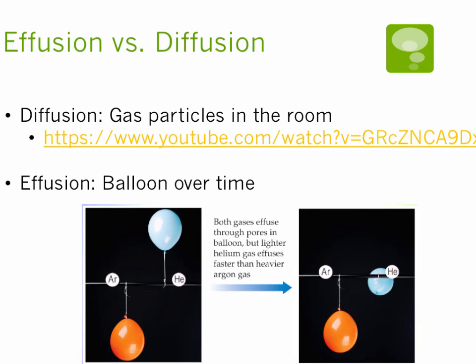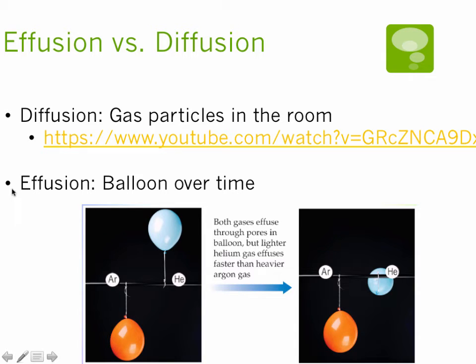So now we're going to look at effusion versus diffusion. Diffusion is looking at how gas particles mix with each other. If something diffuses well, that means it mixes well. So you can think about gas particles in a room.